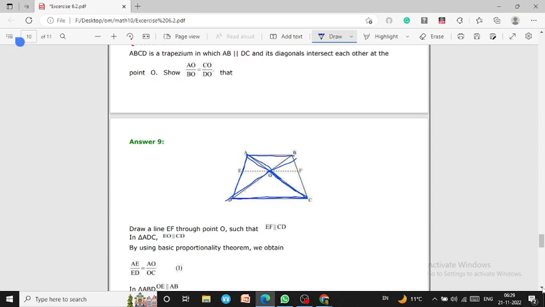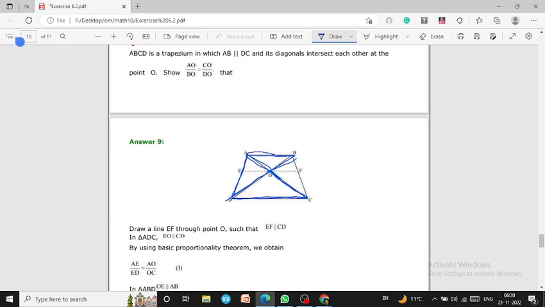take the left side of triangle ADC. In this, EO is parallel to DC, and we apply basic proportionality. According to the basic proportionality theorem, AE over ED is equal to AO over OC. This is the first equation. Now we take triangle ABD.